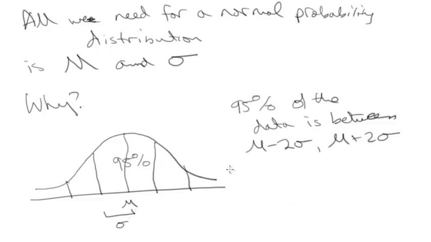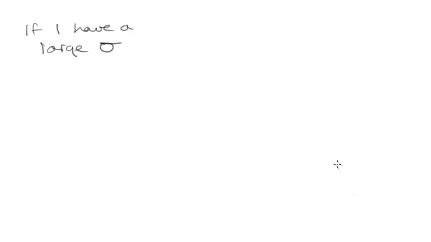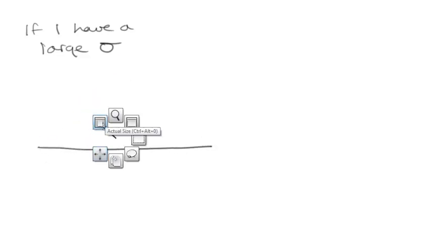So if I increase sigma, if I have a large standard deviation, what is that going to do to the graph? Hang on, let me clear the screen. If sigma gets larger, then what we're going to end up with is, here's the mean.